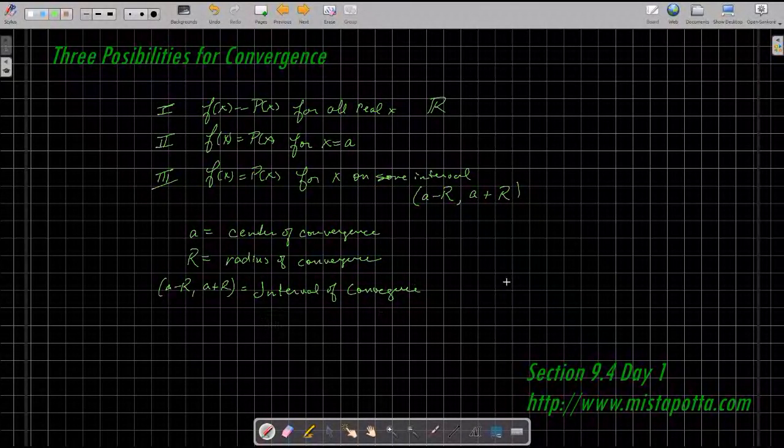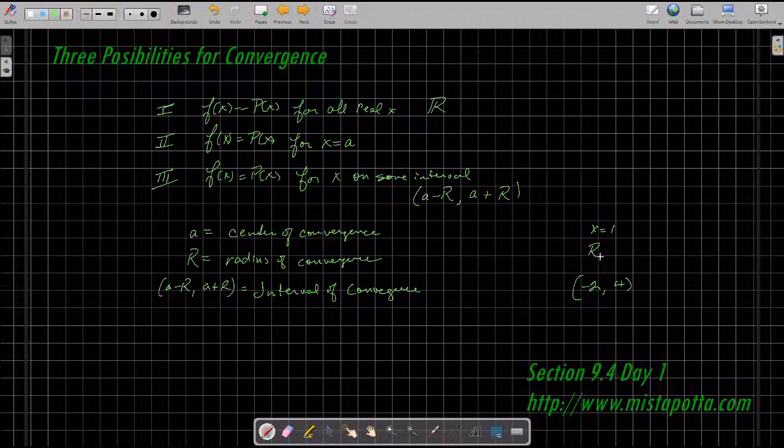So if I have an interval of convergence that goes, say, from negative 2 to 4, my center of convergence, the midpoint of this segment, would be x equals positive 1.